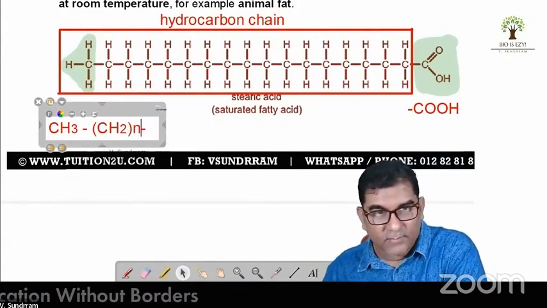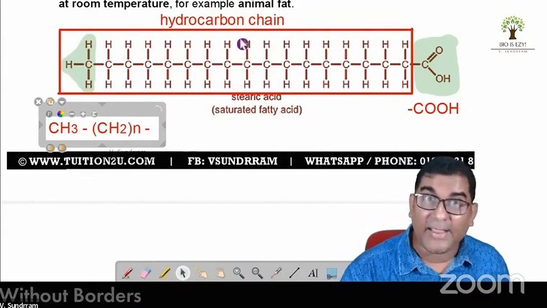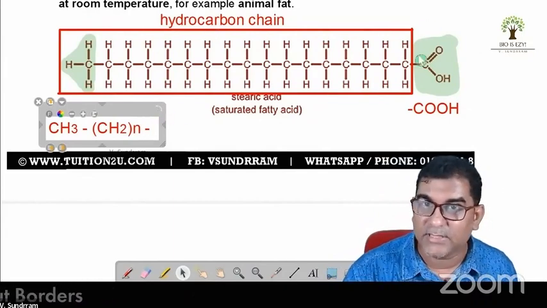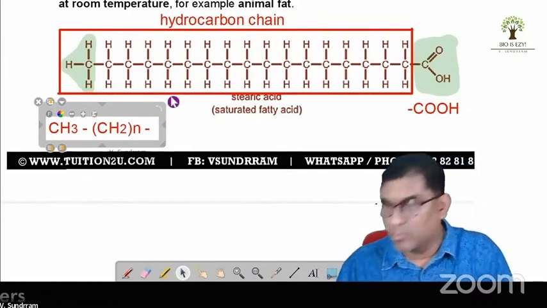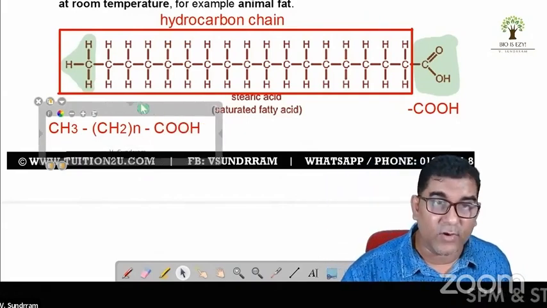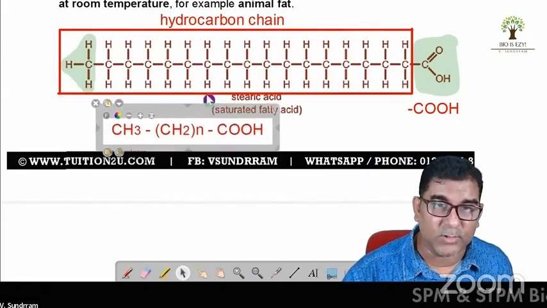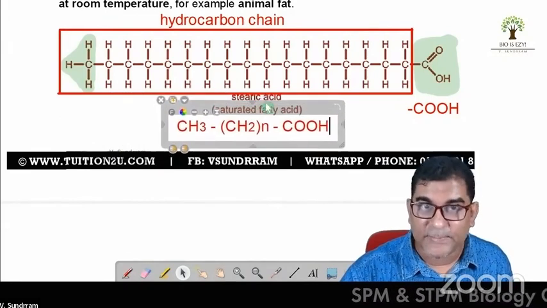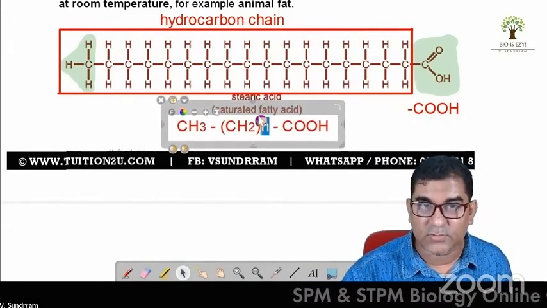But at the moment, we'll just leave it as n, and the ending should be this, which is COOH. So this is the formula for the molecule that you have here. To make it specific, we just change this to 16.